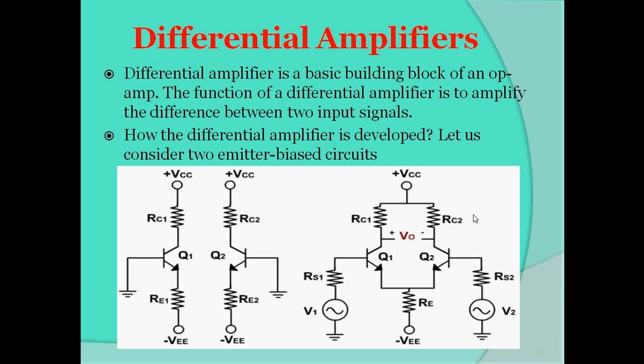So we are labeling this output voltage indicated here between the two transistors, as both are at the same potential. Whatever changes we have made in the two emitter bias circuits are depicted in this circuit, and now this is the differential amplifier. This amplifier is also called the difference amplifier because it will amplify the difference between the two input signals V1 and V2.